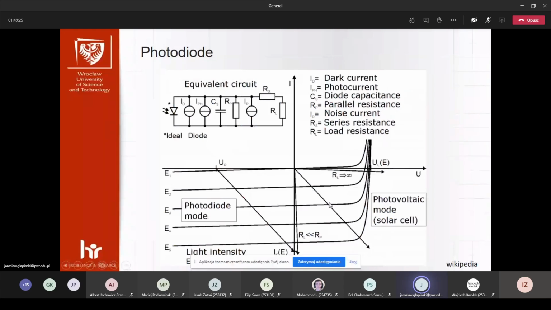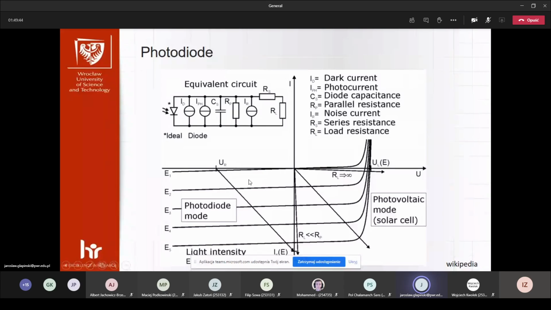So how does the photodiode behave? It behaves like a typical diode.